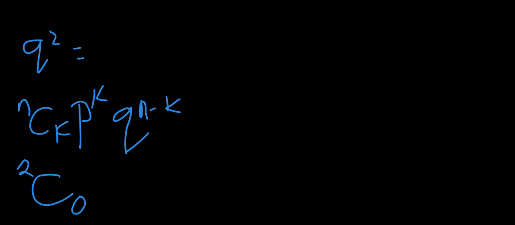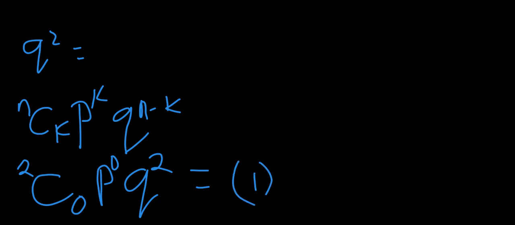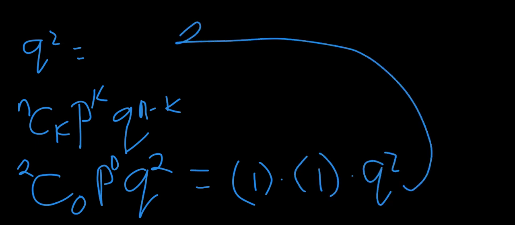Now p to the power of k, which is 0, q to the power of n minus k, which is 2 minus 0, which is 2. We know that this is 2 choose 0, and 2 choose 0 is 1, or 2 combination 0, which is 1. p to the power of 0 is 1 and q squared. So we can say that this relates to this.